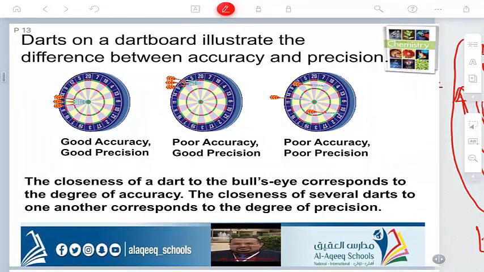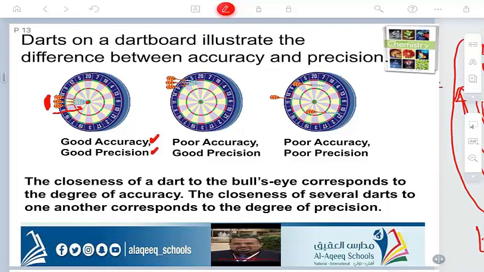If all of the arrows are at the same point, which is the correct or true point, they have good accuracy. They are very close to the true value. Also, they are close to each other, so they have good precision.